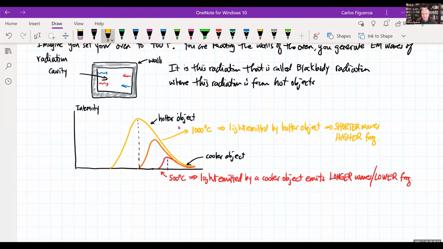So the black body radiation tells me that not only is it brighter, but I'm getting shorter waves.